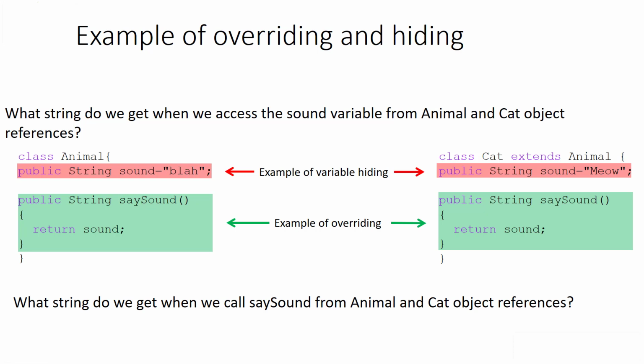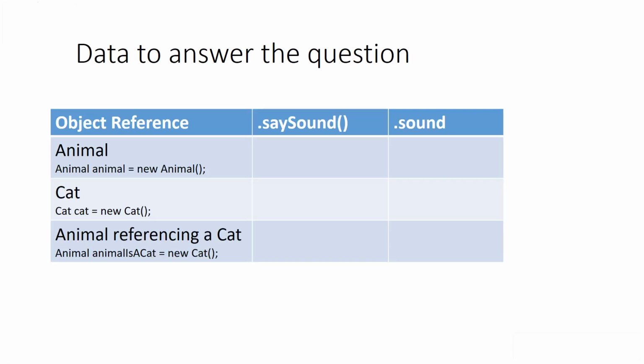To answer these questions, we're going to create a data table, and we're going to fill out this data table by running some code. We'll first create an Animal object, assign it to an Animal object reference, and then look at the results for calling saySound, and then looking at the sound variable directly. We'll do the same thing with Cat. We'll create that Cat object, assign it to a Cat object reference, and also call saySound and look at its sound variable.